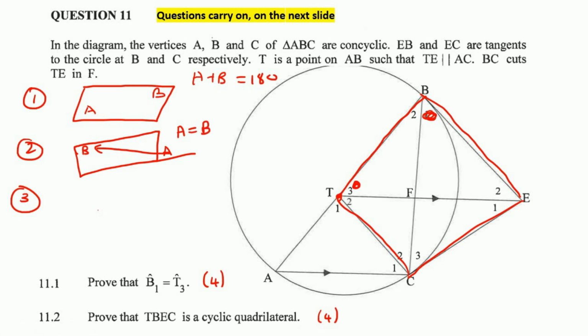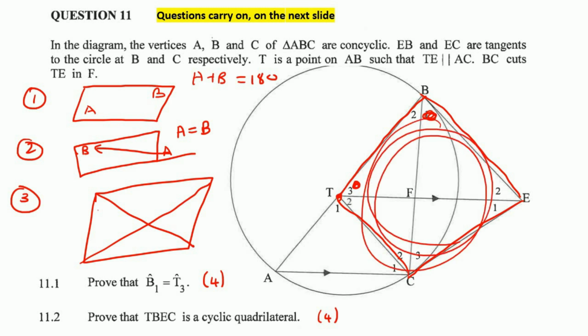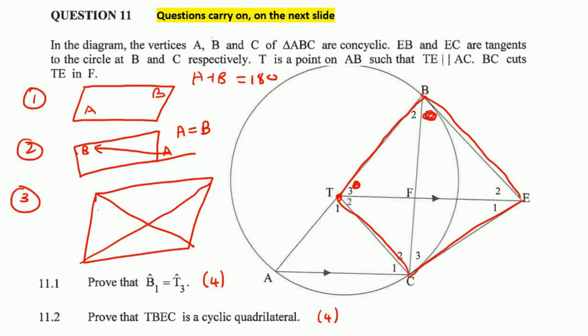Now listen up. The third one is the most popular one, and it goes like this. It's usually when they say it's a cyclic quad, or we're trying to prove it's a cyclic quad, and it's got lines going across like this. If that happens, and we also have that happening over there, then usually it's going to be option number 3. So how does it work? Well, it's the angle in the same segment theorem. What you try to do is show that these two are the same, or these two, or these two.